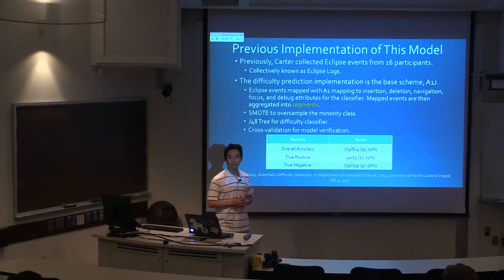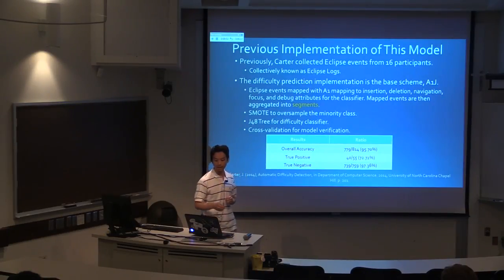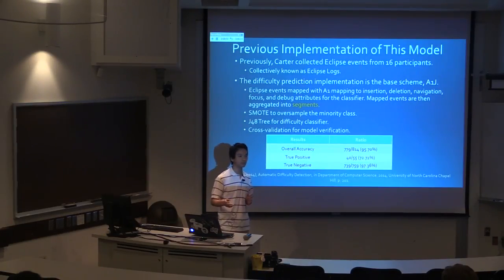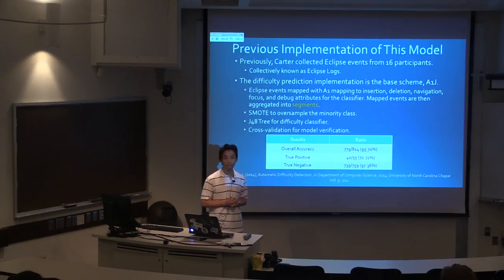And Jason also had a base difficulty prediction scheme in his doctoral thesis called A1J. What A1J had is that Jason had his own mapping of the inputs to the various attributes for the classifiers. He used SMOTE to oversample the minority class too. He had a J48 tree for prediction, and then he used tenfold cross-validation for model verification.